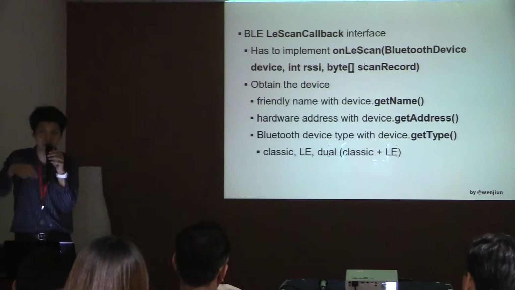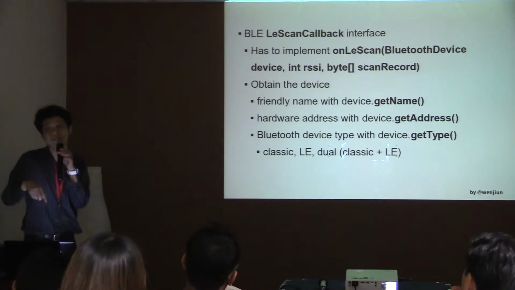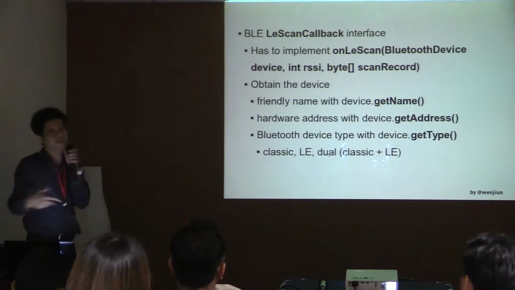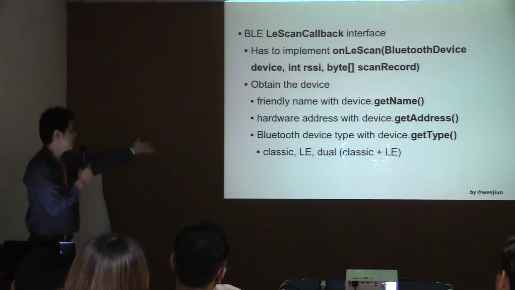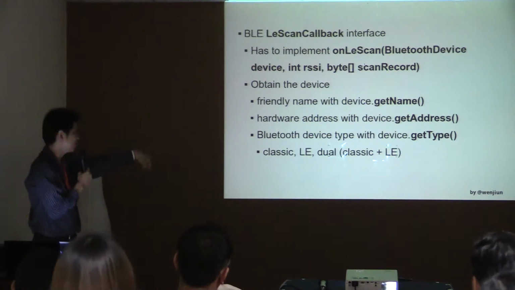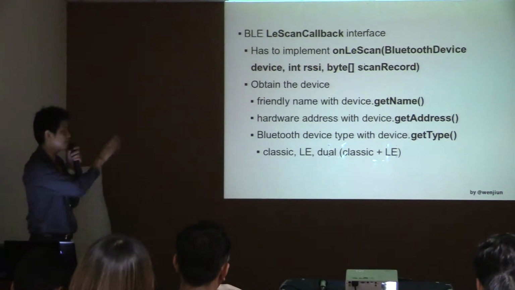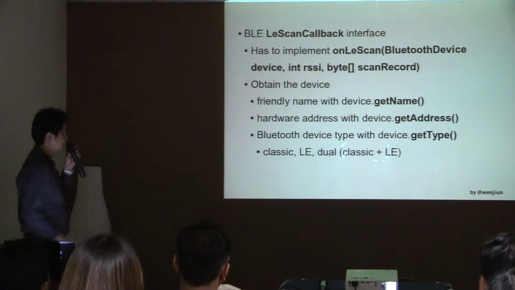Okay? So you have to display it so that the user can select, if this is a selection. And finally, the type, but don't bother, it won't show classic. It's either LE or dual. Okay? But usually getType is more important.